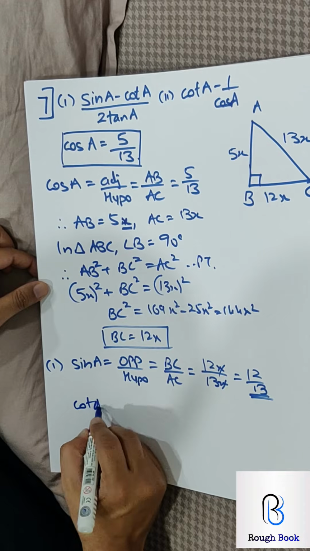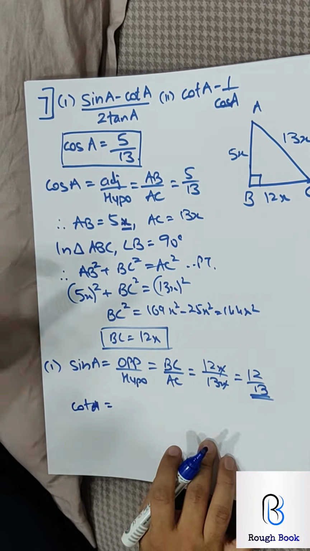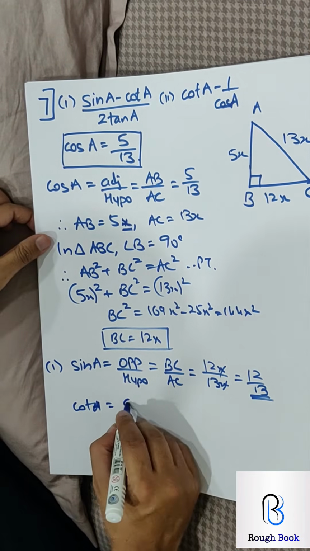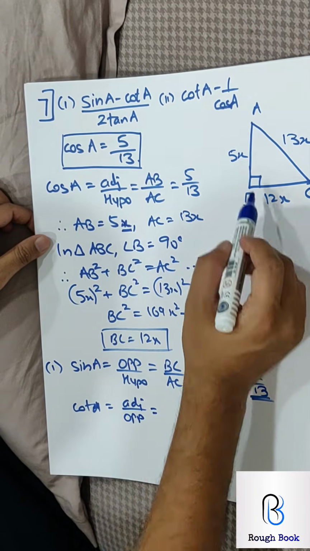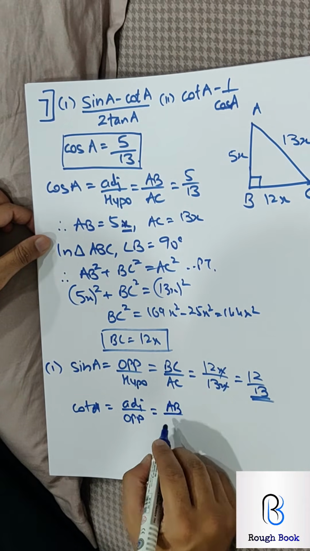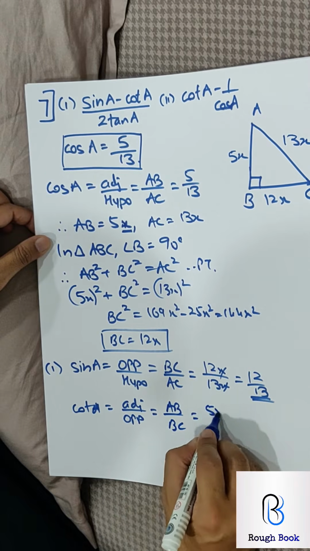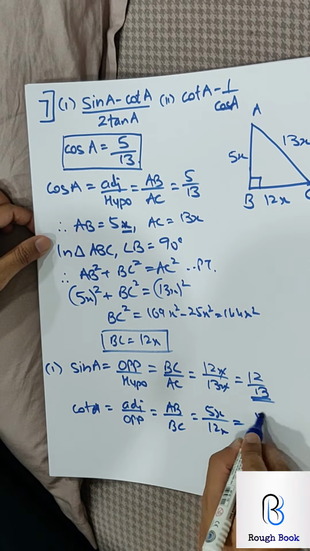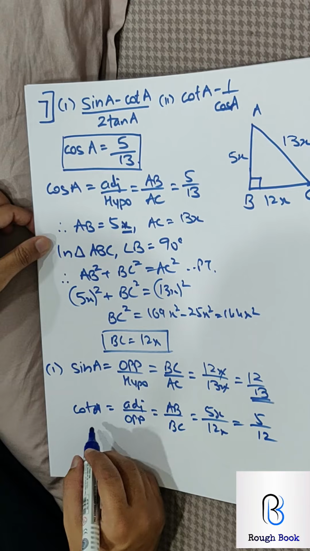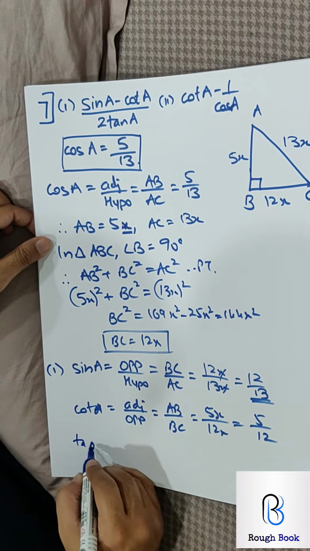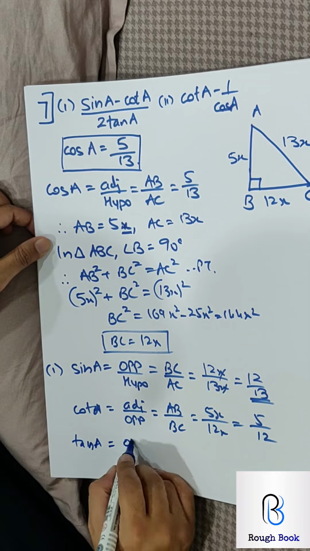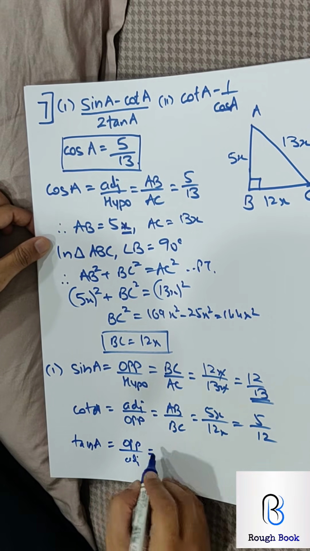Now cot A, what is cot? Anybody? Yeah, that's correct. Adjacent upon opposite. So for A, adjacent is AB, opposite is BC. So 5x by 12x, 5 by 12. Next, after cot A, the next is tan A. So tan is opposite upon adjacent.